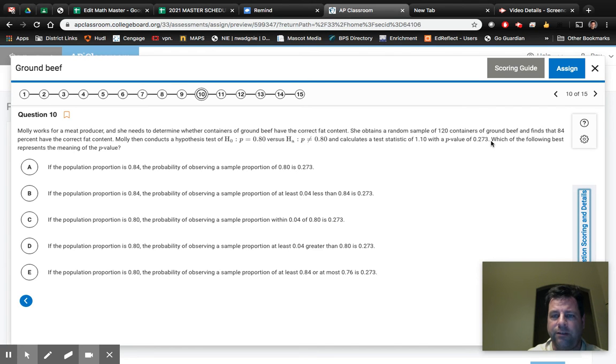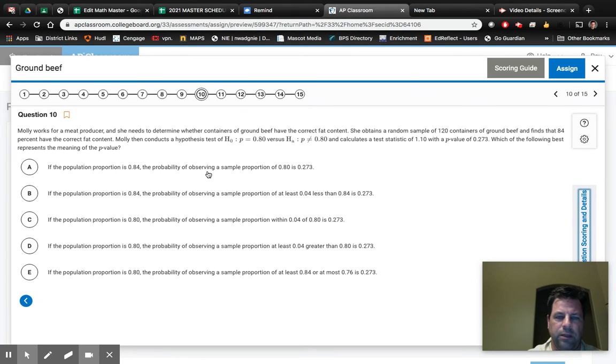It's the chances of getting what we saw, or the z-score. It's the chances of getting that p-hat, that x-bar, the sample, or that difference of the samples, assuming H0 is true. If the population proportion is 0.84, that has nothing to do with this.